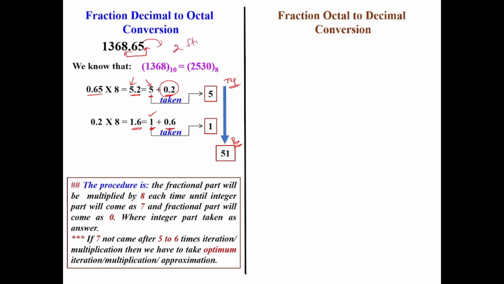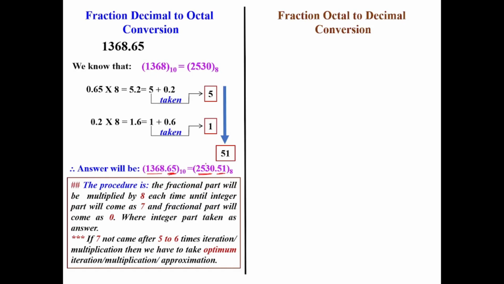So the answer will be 2530.51. This 2530 represents the octal number of the decimal number 1368, and this 0.51 represents the octal number of 0.65.